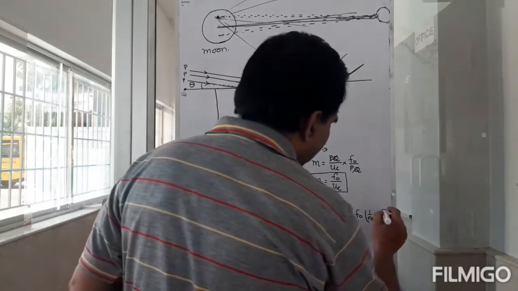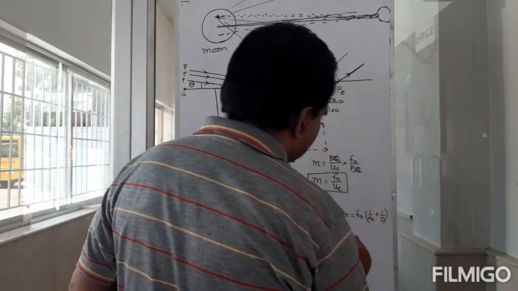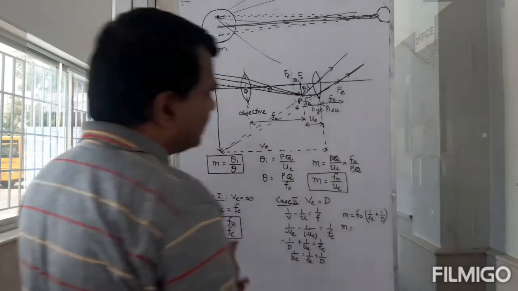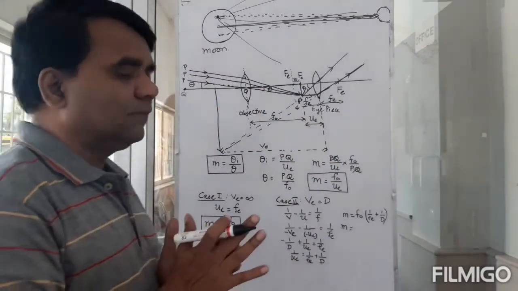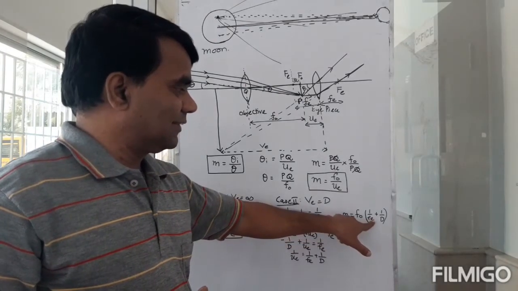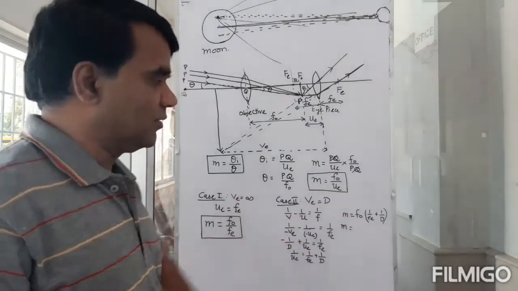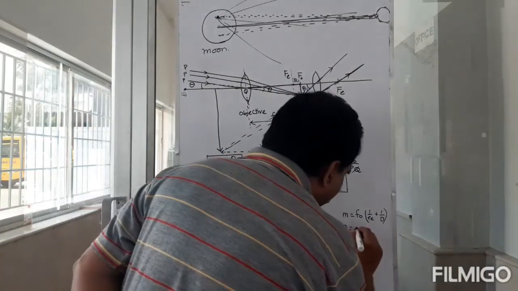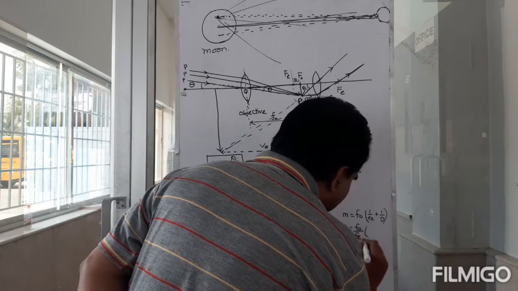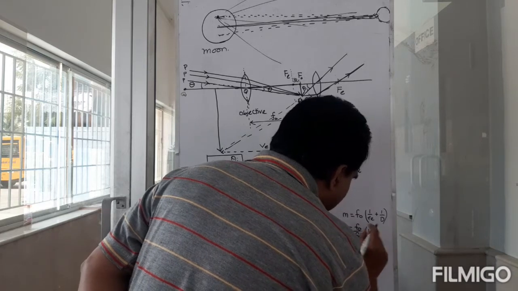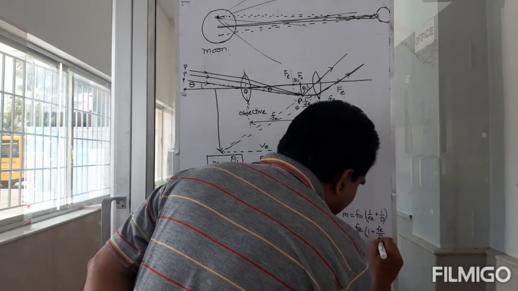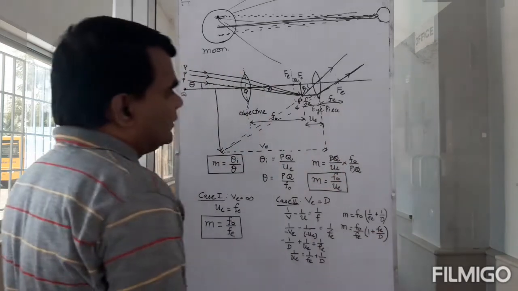Okay. So M, let me take FE out. It's a common thing. So that will become F0 by FE into 1 plus FE by D. Okay.